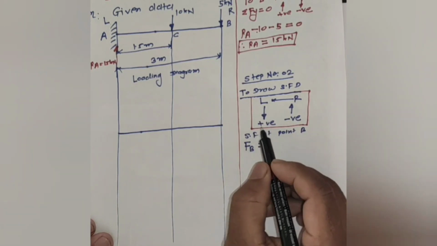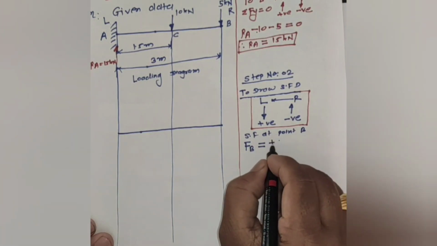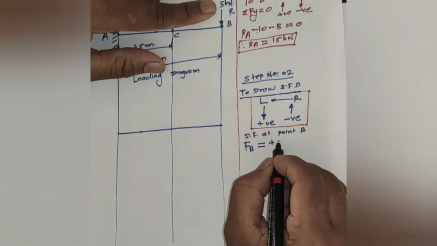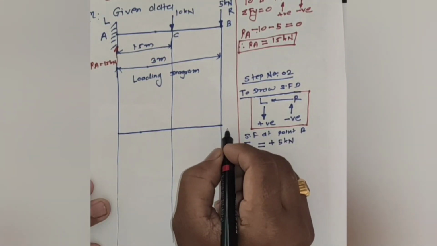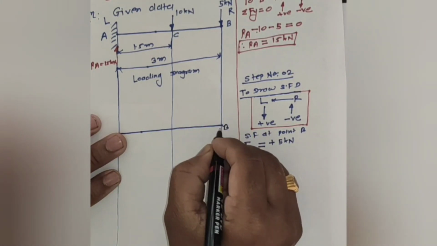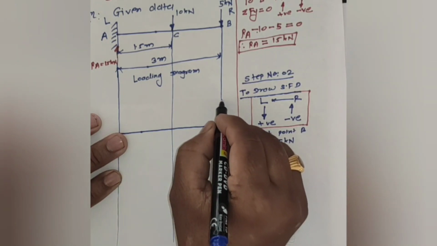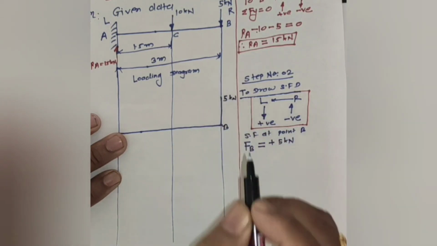Downward positive. At point B, positive 5, because downward means positive, and the force there is 5 kilonewton. Here at the baseline, this is your B point. At point B, how much? 5. This goes to plus 5 kilonewton.